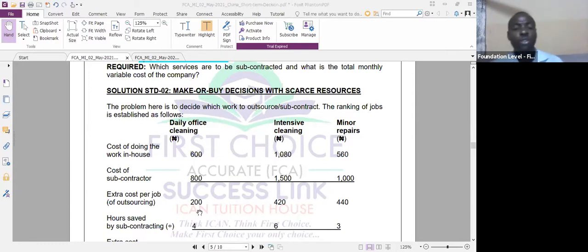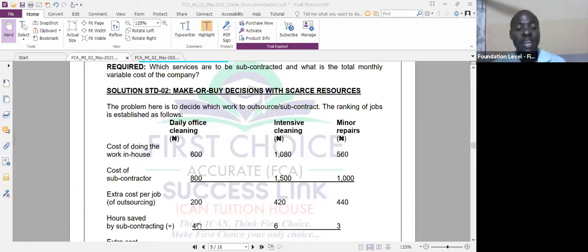But because you have given out the job to a contractor and you are willing to pay 200 naira, you are also going to save some hours for not doing the job anymore. So you're going to save 4 hours for not doing the job in-house, for doing it via a contractor.